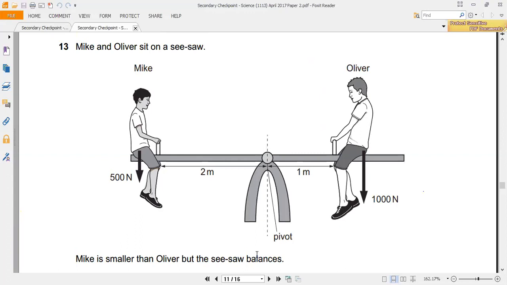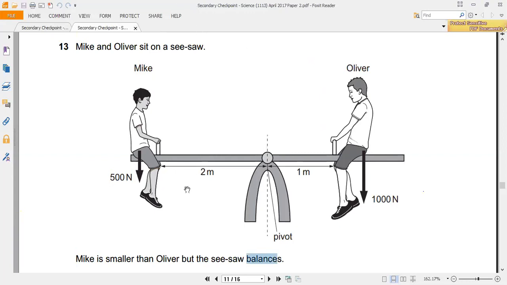When it's mentioned that the seesaw is balanced, we have here force and here we have resistance. At the balance, I have to mention this again, I will write it because it's very important.